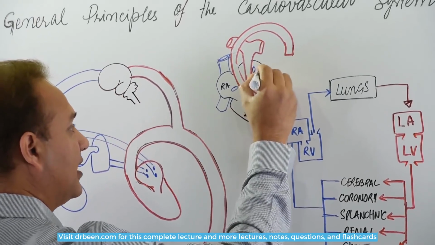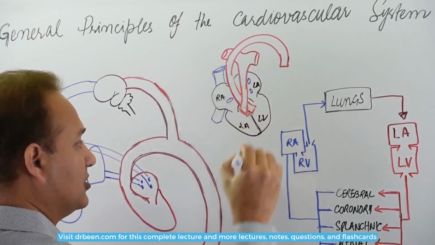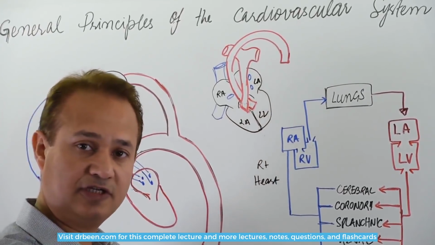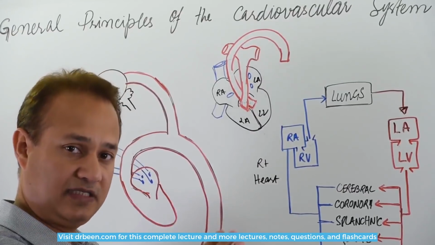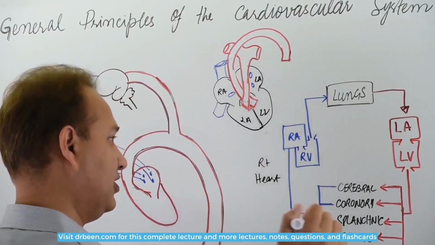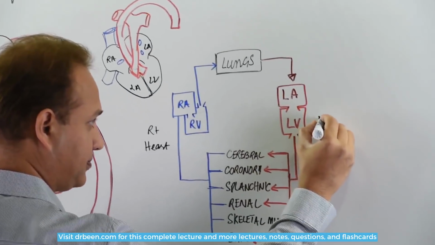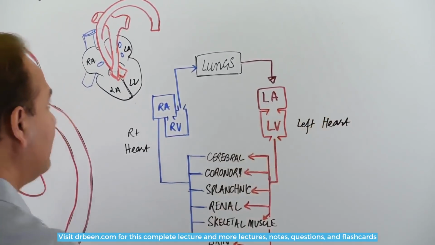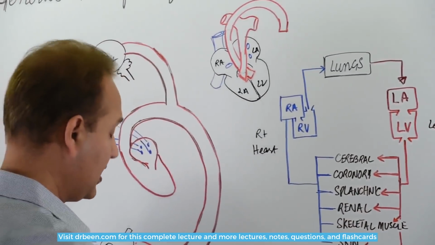Then of course left atrium and left ventricle. That makes 2 chambers, but also one functional unit, that is the left heart. So I'll make that here. Left heart, consisting of left atrium and left ventricle.